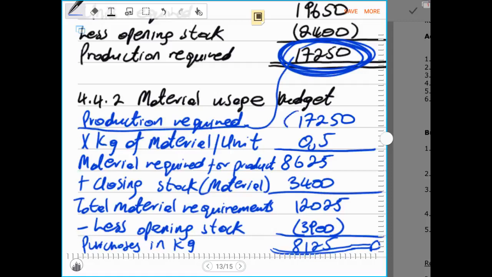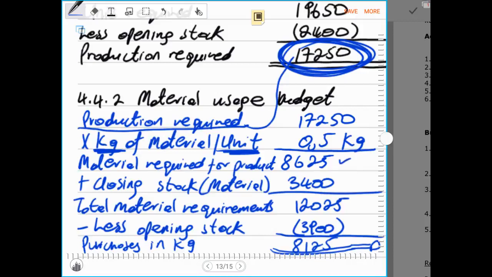Then after you bring that down, then you multiply by the kgs of material if you are dealing with kgs, but those kgs of material must be per unit, then those kgs became 0.5 kgs. Then after you multiply, you will get to the total material required for production.